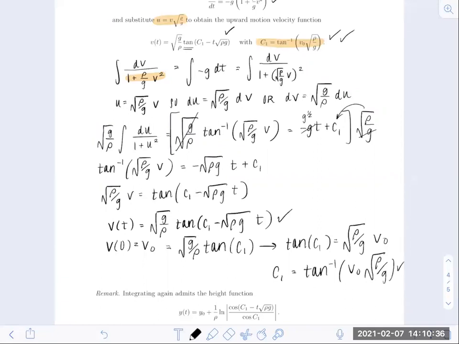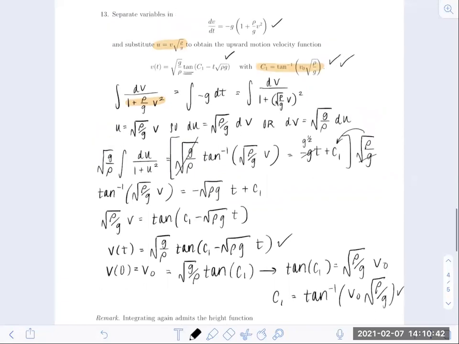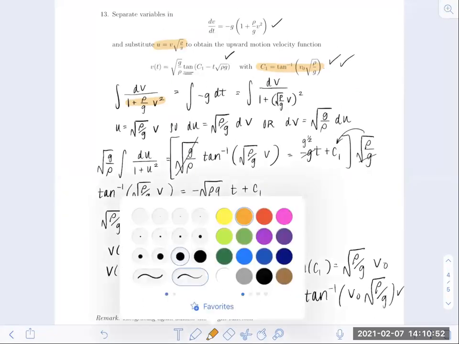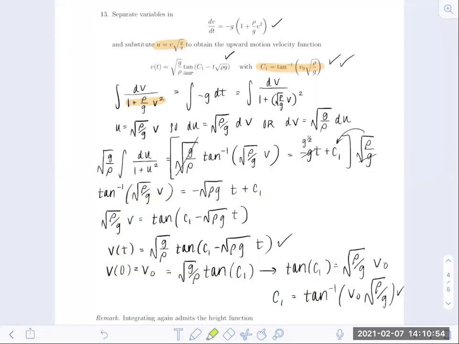All right, so we've now found V of t, and one of the assigned homework problems is going to be to separate variables where the direction of motion is downward. The only difference here, let me grab a different highlighter, is you're going to have a minus instead of a plus.